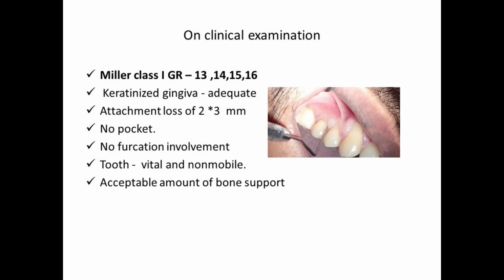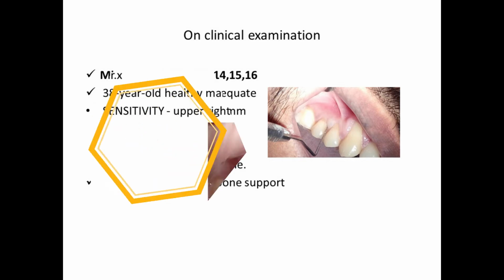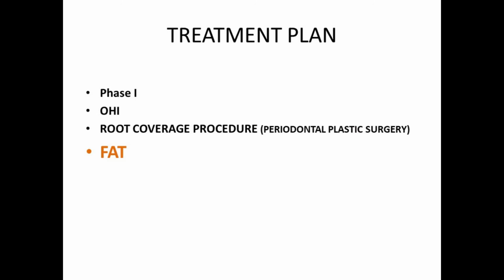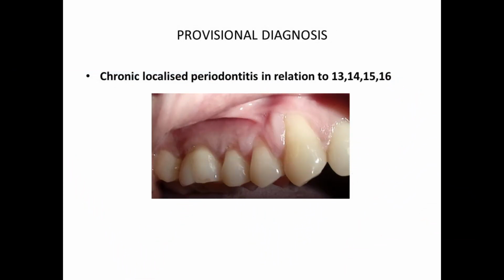There is no pocket, no furcation involvement, the teeth are vital and non-mobile, and an acceptable amount of bony support is evident. We provisionally diagnosed this case as chronic localized periodontitis in relation to 13, 14, 15 and 16. The treatment plan was phase 1 therapy followed by oral hygiene instructions and a root coverage procedure, a periodontal plastic surgery with the help of fat.